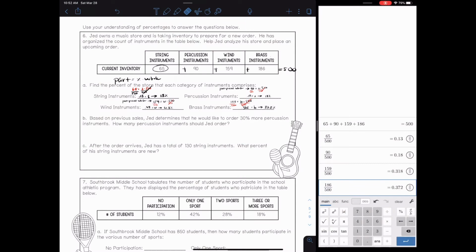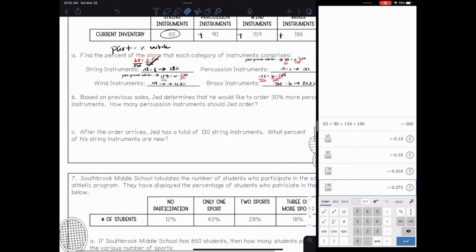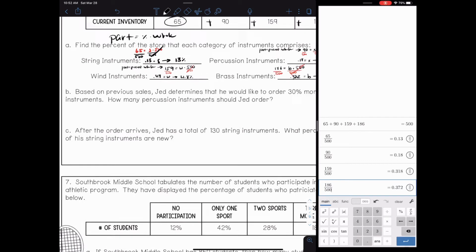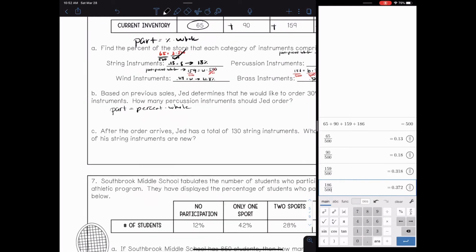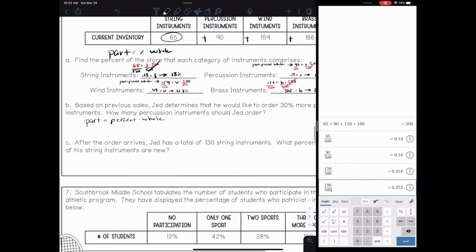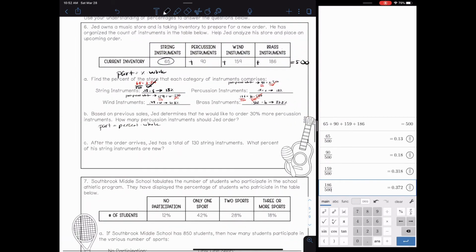For part B, it can be solved a number of ways. If we're trying to stick to the equation, part equals percent times whole, then we need to fill in the pieces. So let's think about it. I know they gave me the percentage because it says that he wants to order 30% more.